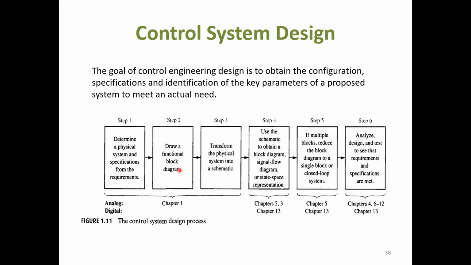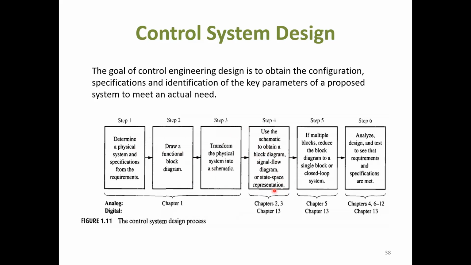Then draw a functional block diagram, then transform the physical system into a schematic, then the schematic to block diagram. And step four, use the schematic to obtain a block diagram, signal flow diagram, or state space representation, whatever is required.